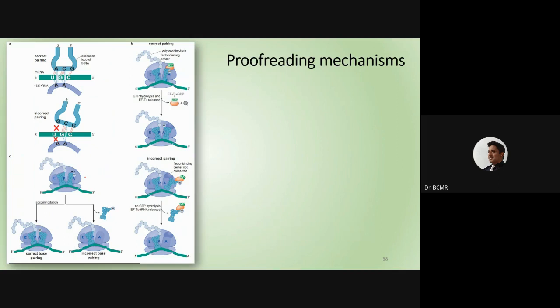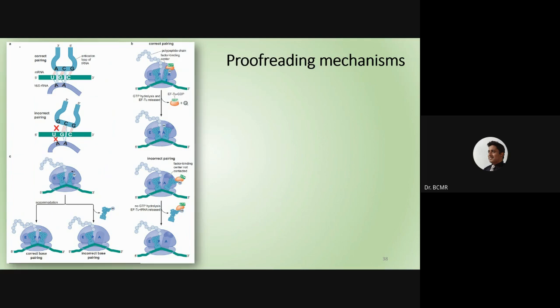Eukaryotes also have almost similar mechanisms, and a little bit of variation can be expected. There are three different proofreading mechanisms by which the ribosome is able to ensure accurate translation of the mRNA into proteins.